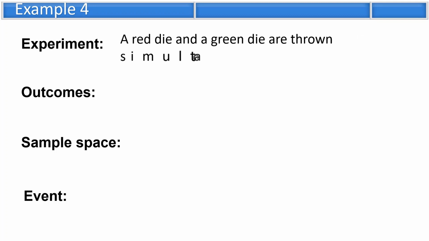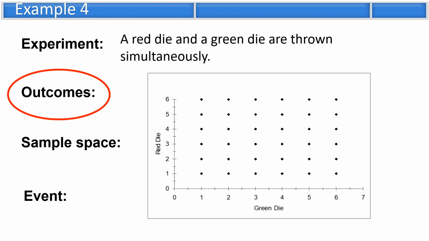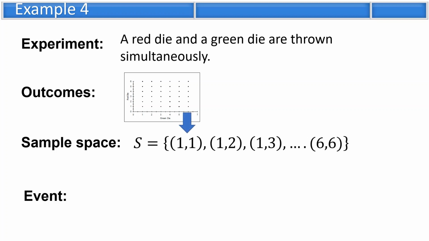Example 4. The experiment is: a red die and a green die are thrown simultaneously. All possible outcomes are pairs of values represented by the dots shown on the chart. The sample space is the pairs (1,1), (1,2), (1,3), all the way up to (6,6). N of S is 36.